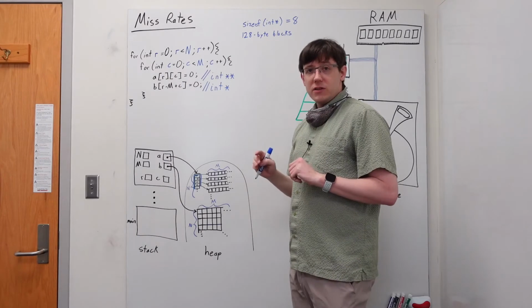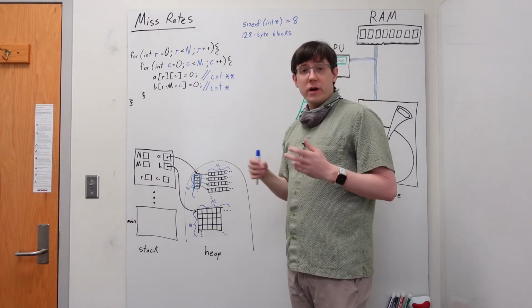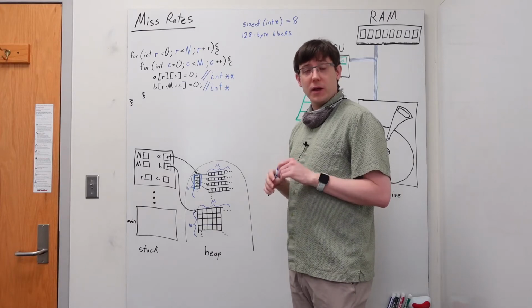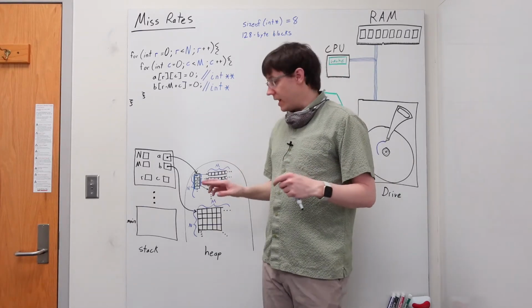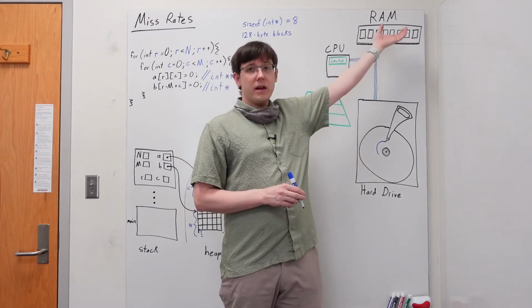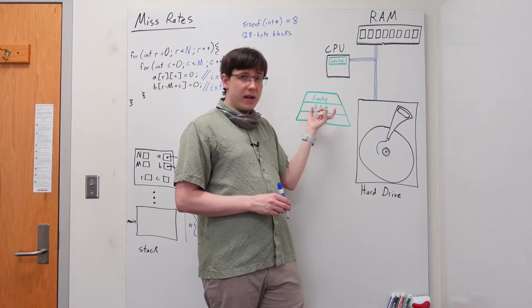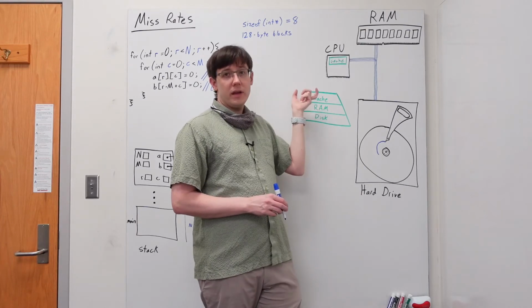But for now, let's assume that this system has 128 bytes as its block size. So every time we have a cache miss and have to go get the data from the RAM, we will bring 128 bytes of data from the RAM into the cache.